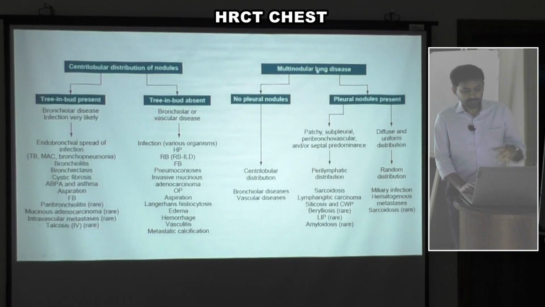In multinodular disease with random or perilymphatic distribution, if pleural nodules are present, we again look at the distribution: perilymphatic suggests sarcoidosis or lymphangitic carcinoma, and random distribution suggests miliary infection, metastases, hematogenous spread. With no pleural nodules, look for bronchial or vascular causes like aspiration, edema and so on.